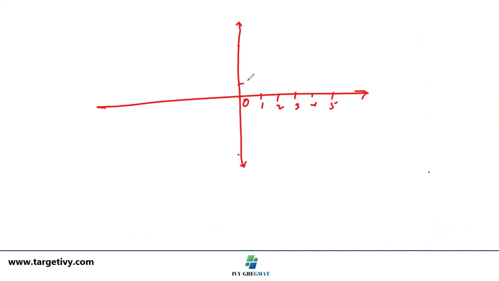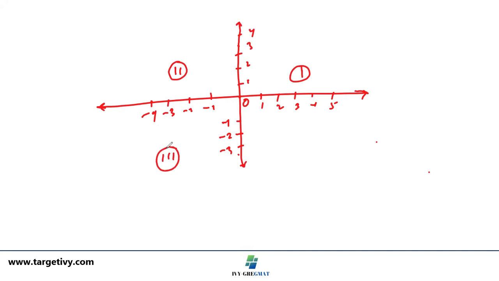So again, 1, 2, 3, 4, etc. The ones at the bottom are -1, -2, -3, etc. And the ones on the left are also negative. So -1, -2, -3, -4. It's not to scale, but this is for our understanding. We have understood the first quadrant, second quadrant, third quadrant, and this is the fourth quadrant, the four parts.